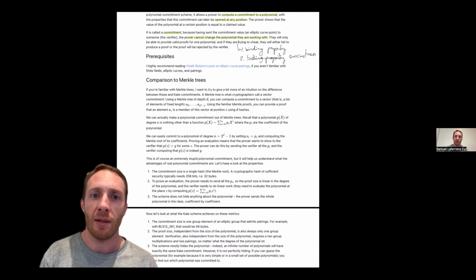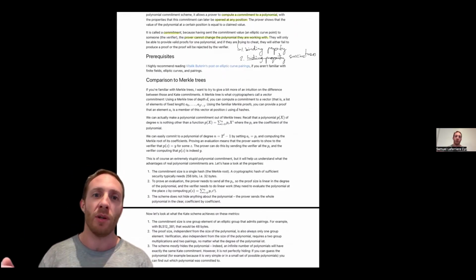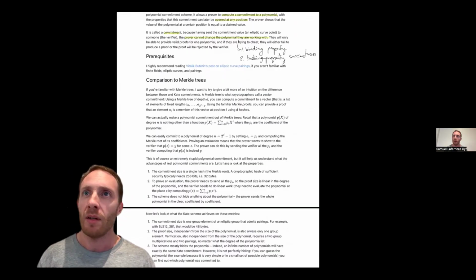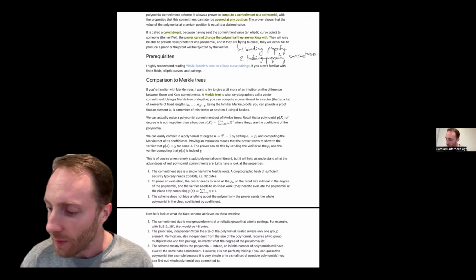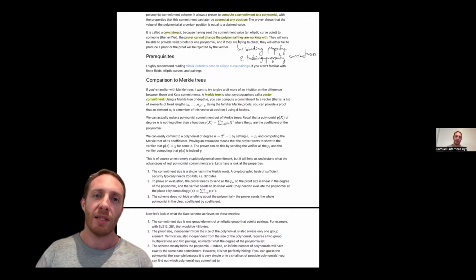So he goes on and compares a KZG commitment to Merkle trees, which I will assume everyone working in crypto knows about. Very quickly, a Merkle tree is what cryptographers call a vector commitment, as opposed to a polynomial commitment, which means it commits to a vector.